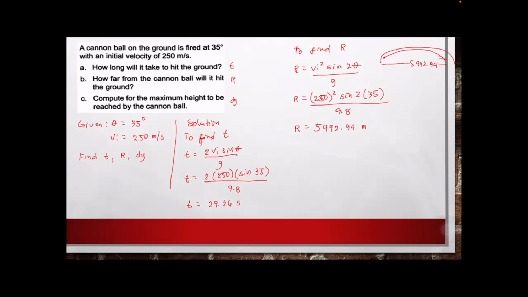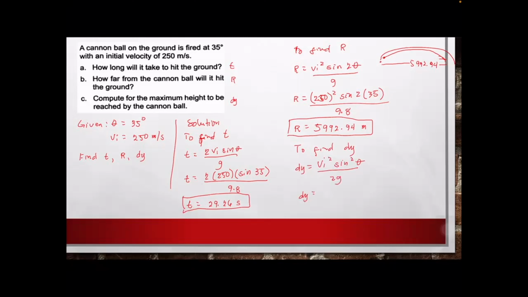So, the next is to compute the maximum height, the dy. To find dy, the formula we're going to use is y max, as we call it, is Vi squared sine squared theta over 2g.